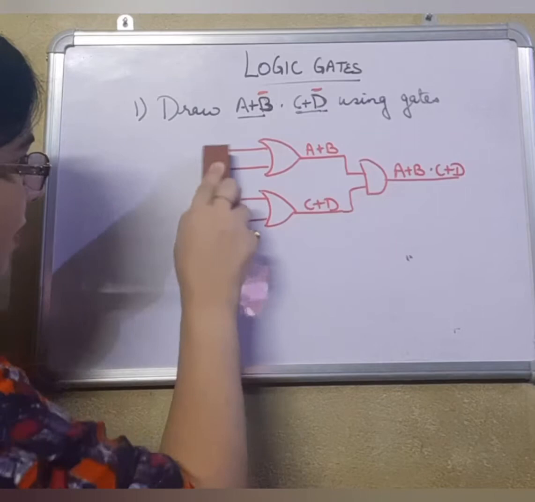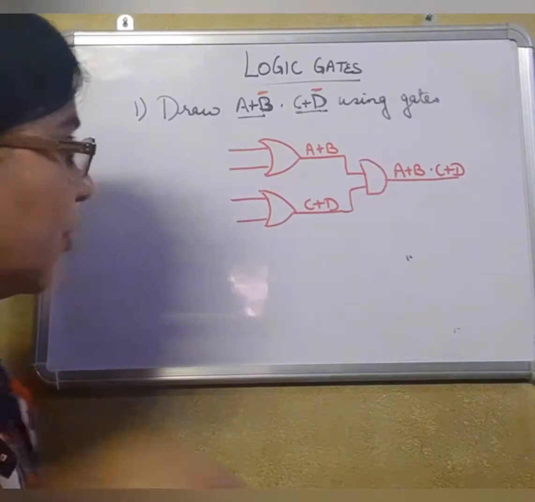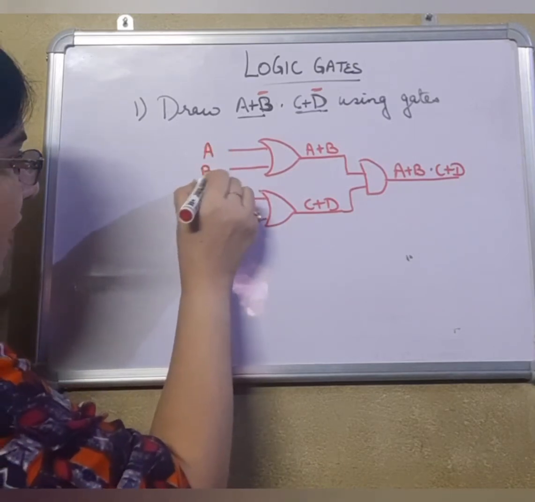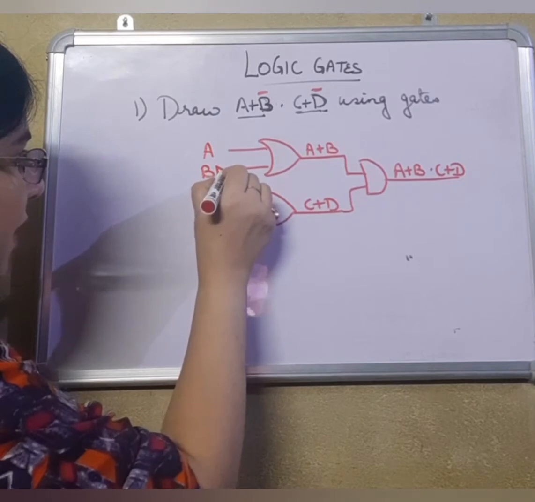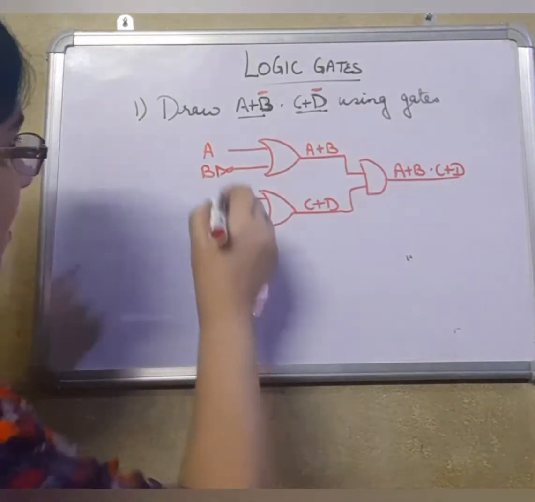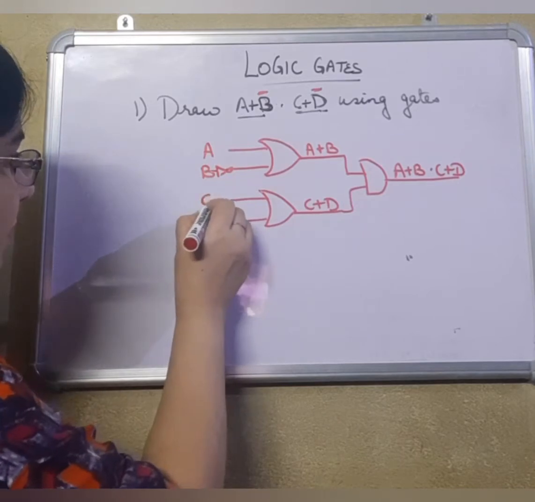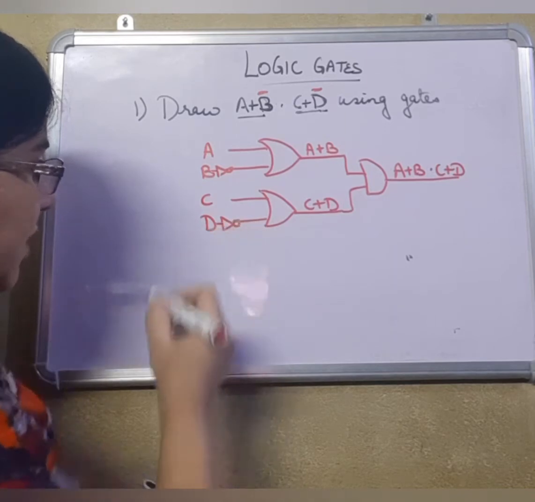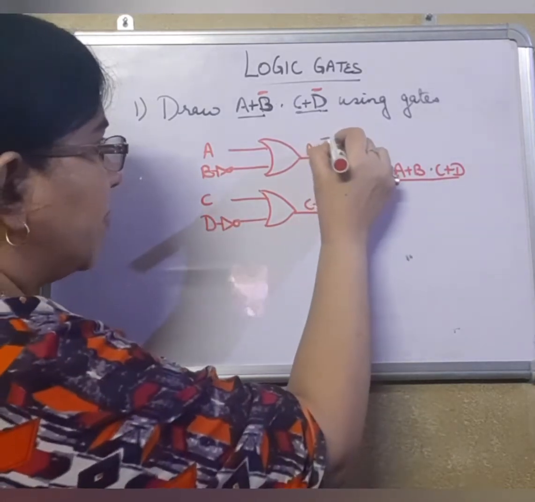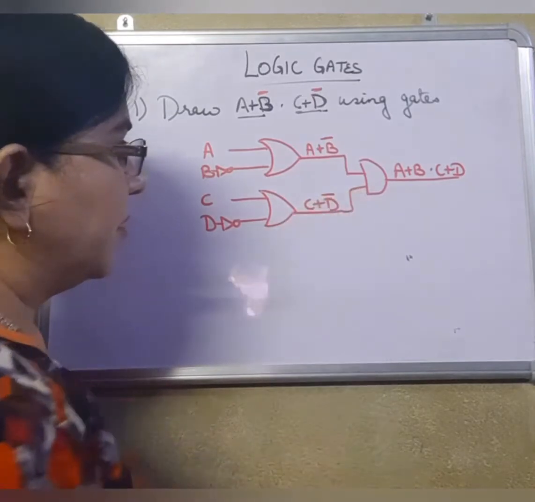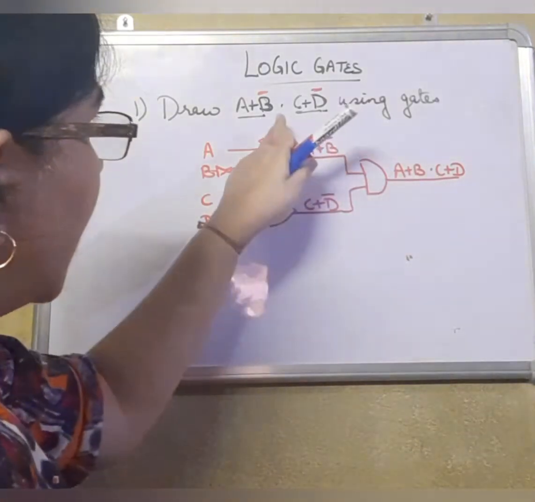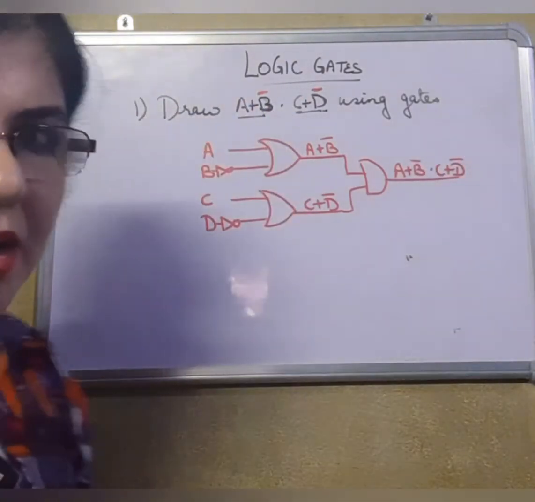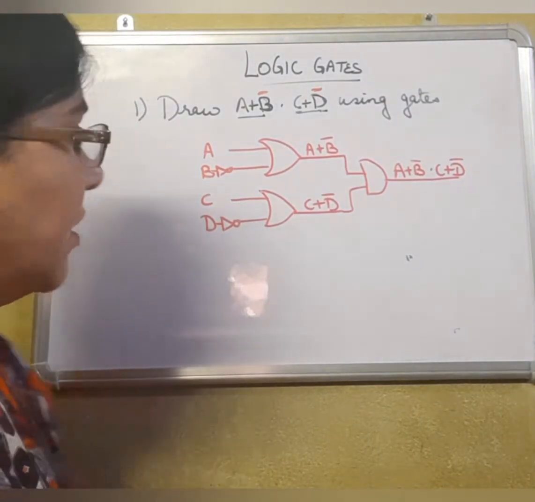A will be passed simply, but B will be passing first through an inverter gate. This is the inverter. C will be passed simply, D will again require an inverter gate, that is a NOT gate. So that this becomes A plus B bar and C plus D bar. And they are joined by an AND gate. So if you get a bar, you will be using an inverter gate.